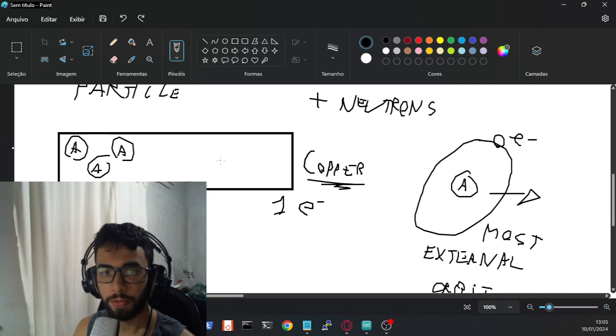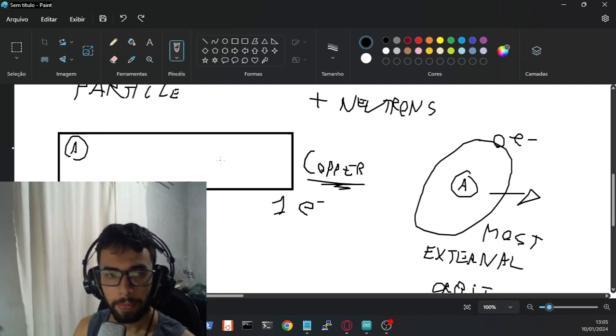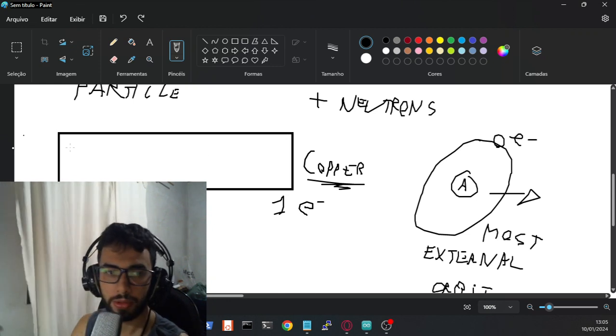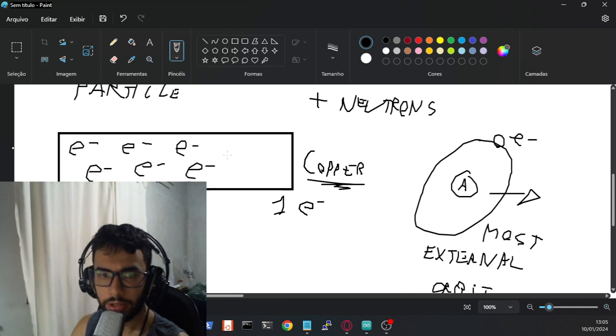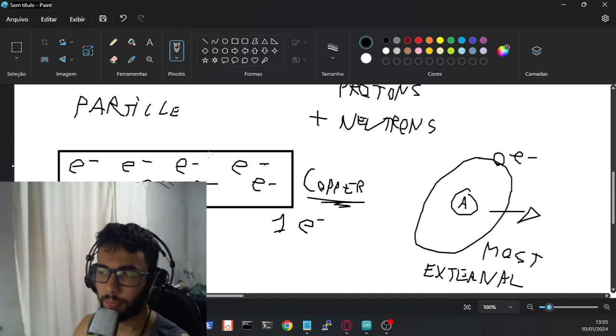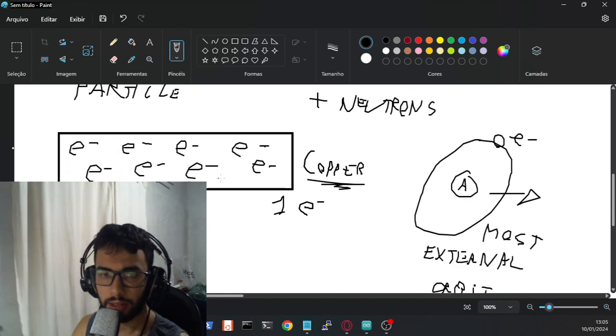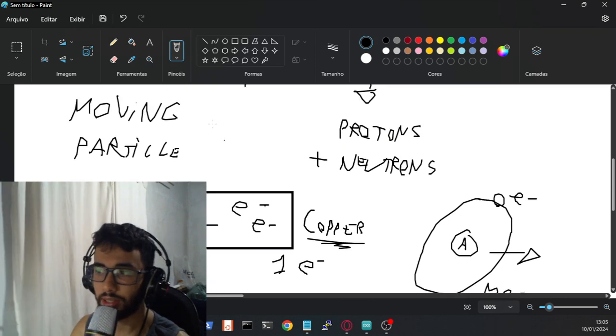We are just looking for electrons. Let's focus just on electrons. So we have billions and billions of electrons here. That is the object of study of electricity, the electron.